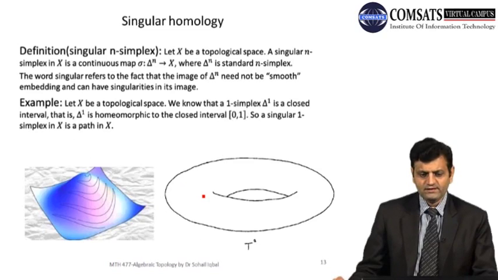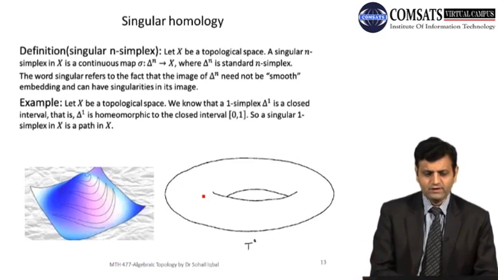And similarly we can see what is going to be a singular one simplex. We know what a standard one simplex is. A standard one simplex is basically a simplex in R2. It's basically a line segment. So topologically speaking, this line segment is the same as the interval 0, 1 on the real line.